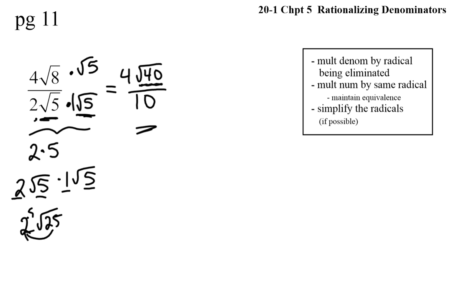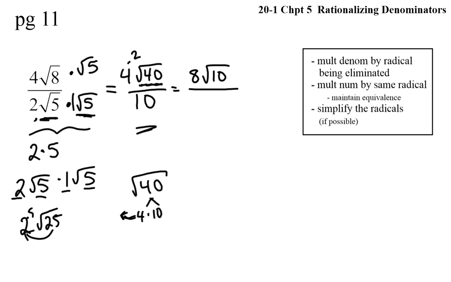First, we need to simplify our radical because 40 can be thought of as 4 times 10, so we can root out the 4, which means we're going to go 4 times the 2 because root 4 roots out as a 2. So we get left with 8 root 10 because the 10 is still there as a radicand. 8 root 10 over 10, term up top, term on the bottom.